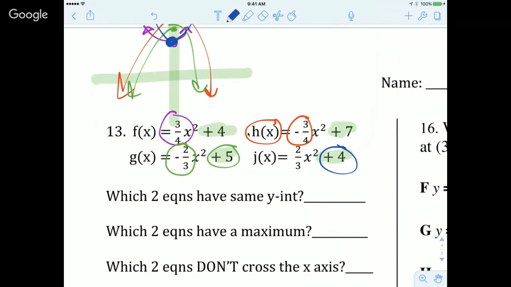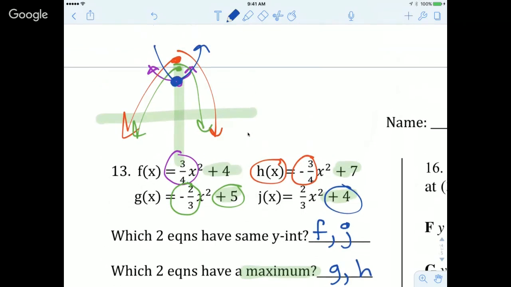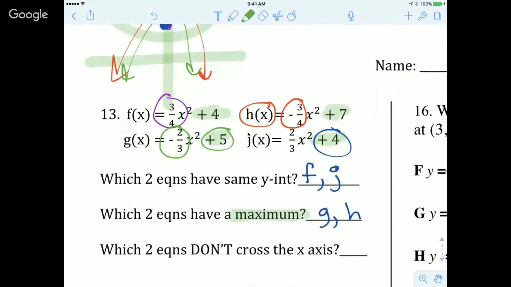F and J. Y-intercept is F and J. Which 2 have a maximum? Maximums have a sad parabola. So that's G and H. And which 2 don't cross the x-axis? Purple and blue, which is F.